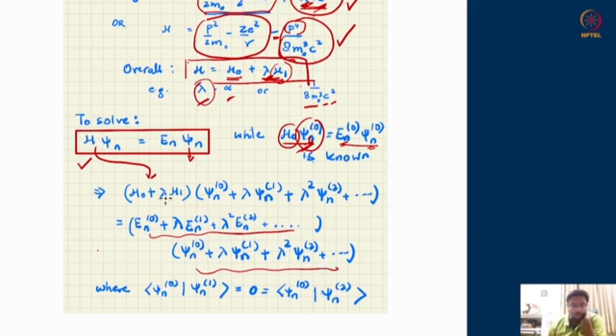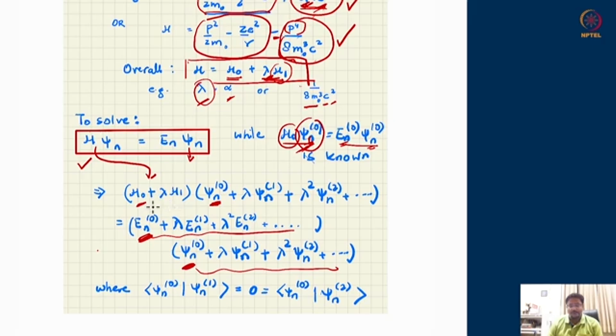So when I open these terms, I will get certain terms in various orders of lambda. For example, H0 acting on this psi n0 will be free from any lambda on the left hand side. On the right hand side, similarly, this En0 multiplying this psi n0 will also be free from any lambda.